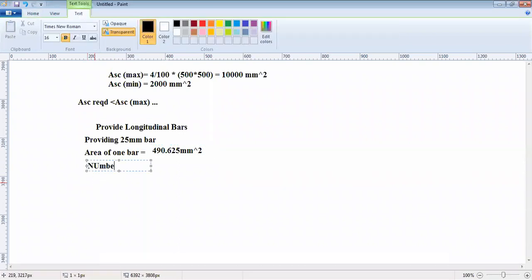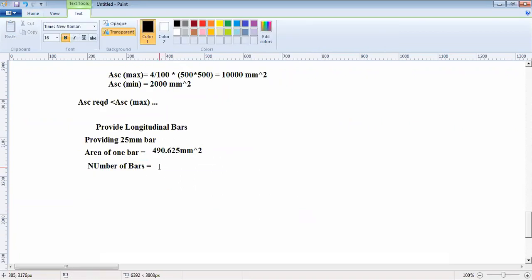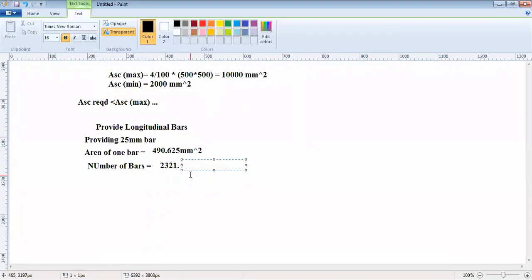So the number of bars that you require is how many? How much do we require? 2321.98 divided by 490.625.